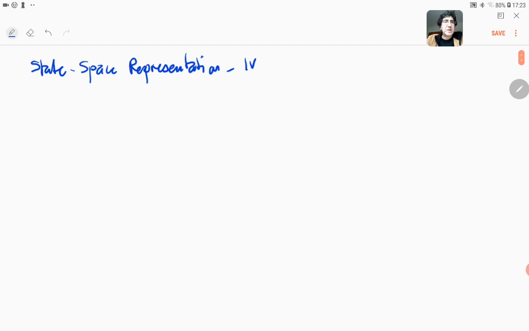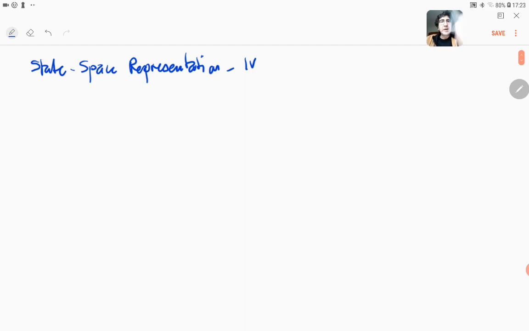We have also seen that there are multiple ways we can obtain a state space representation for a given transfer function model. Since there are infinitely many such state space representations, we have seen some canonical forms.